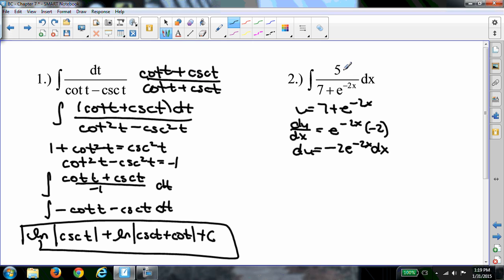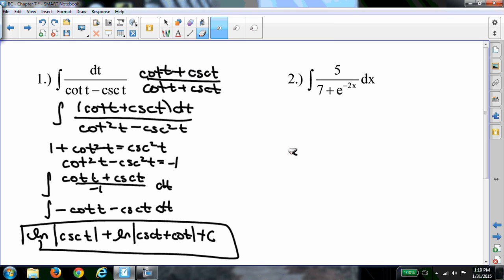But notice in the numerator there is no e to the negative 2x to satisfy my du. So instead of doing this, we're going to use a different technique. So basically we need some e's in the numerator to satisfy our du when we do u substitution. To do that, we're going to multiply numerator and denominator by e to the 2x.